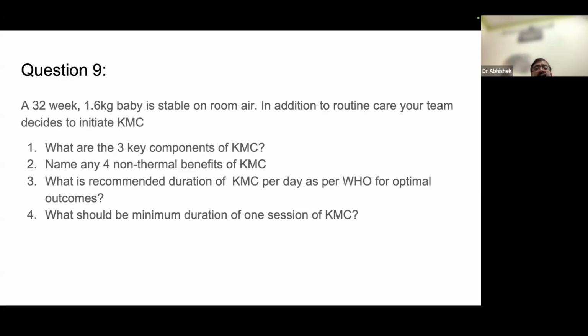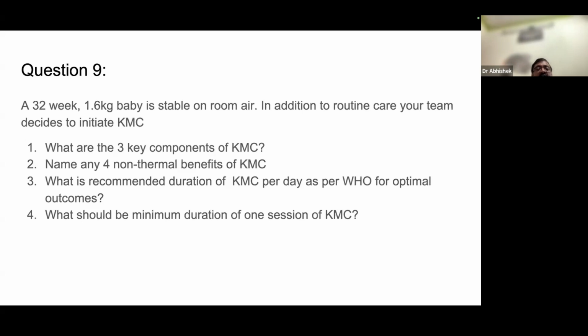Okay. Name any four non-thermal benefits of KMC. Weight gain, growth, breastfeeding, child bonding, less apnea, cardiovascular stability, early discharge.